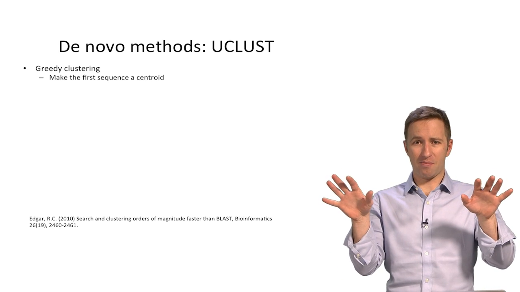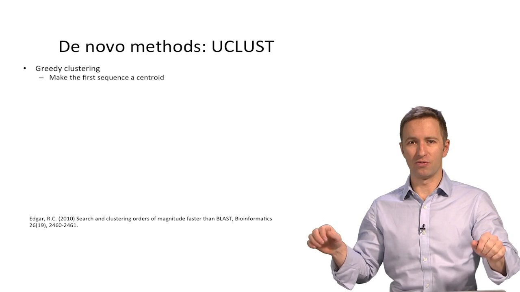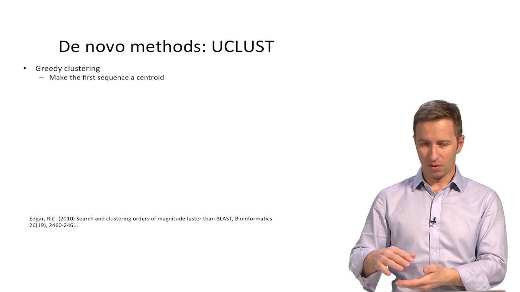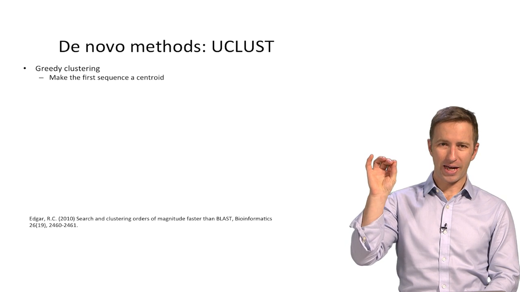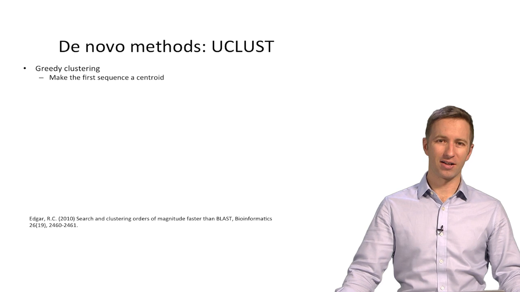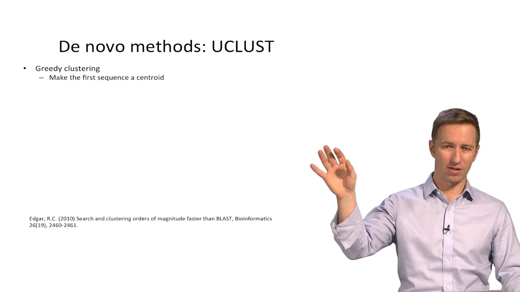You're not taking a step back at any point during the process and reevaluating what you've already done. So the way we do this is you open up the sequence file, you pick the very first sequence, and you call that a centroid. So already, that's obviously wrong, because what are the chances that that sequence is going to be a good centroid for a cluster?